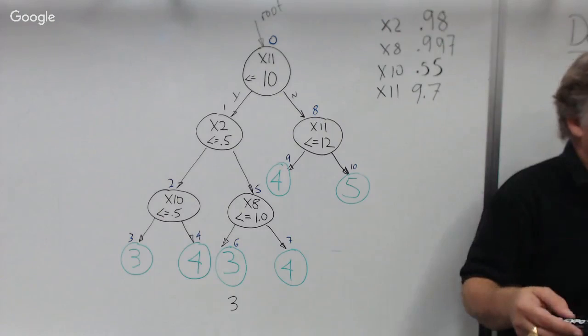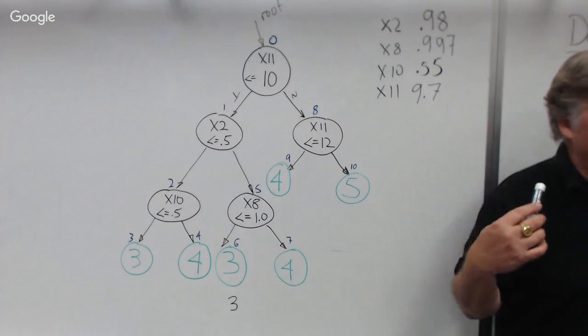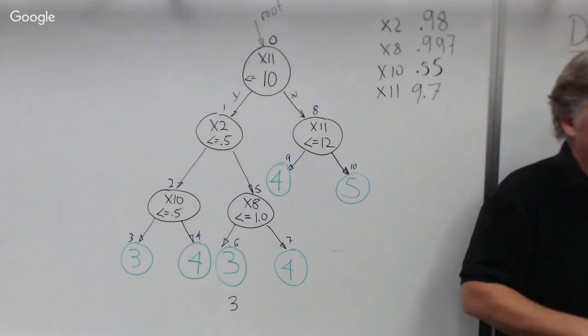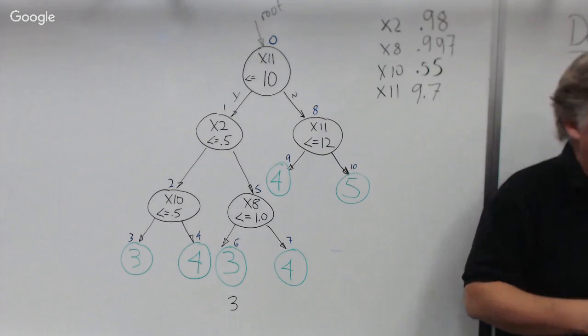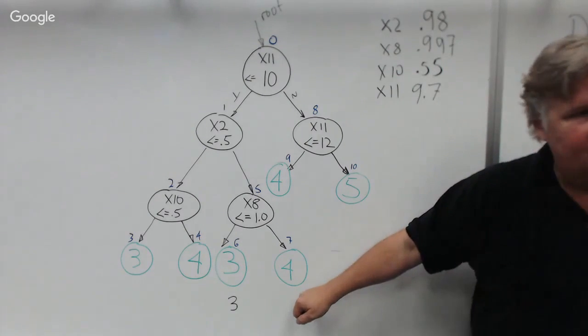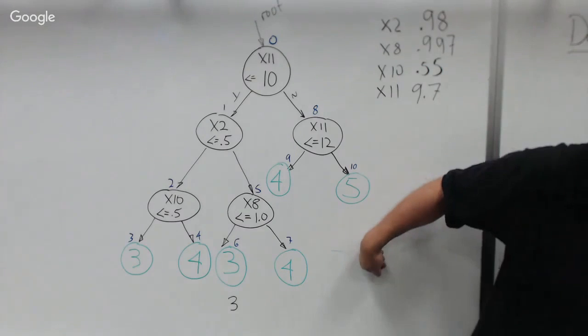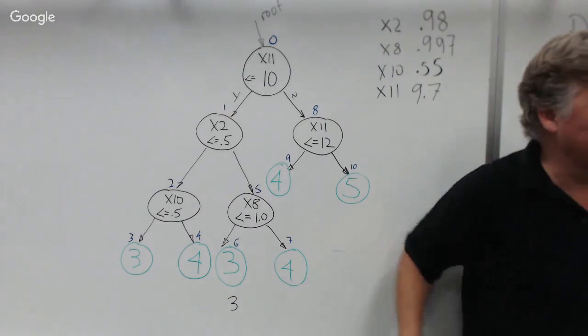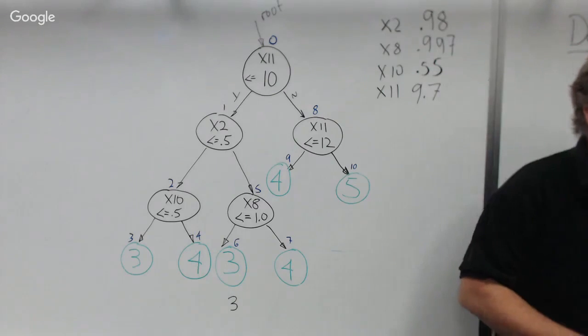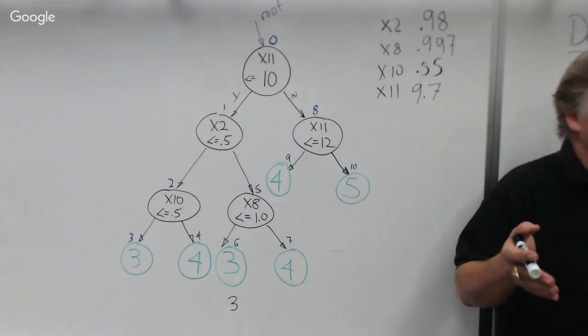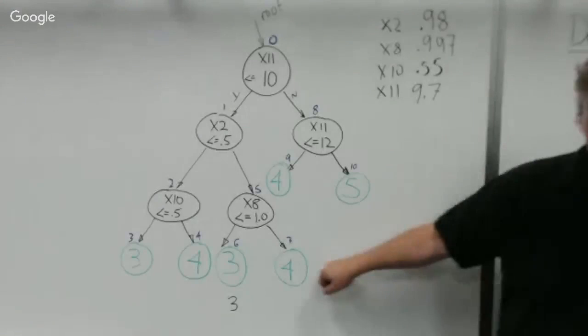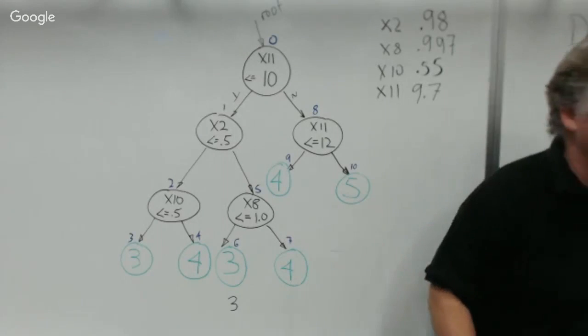Now, most ways of building a tree, if you build an exact tree, an exact tree means that each example is represented in one leaf, right? So if we took 800 samples, we would build a tree that had 800 leaves.